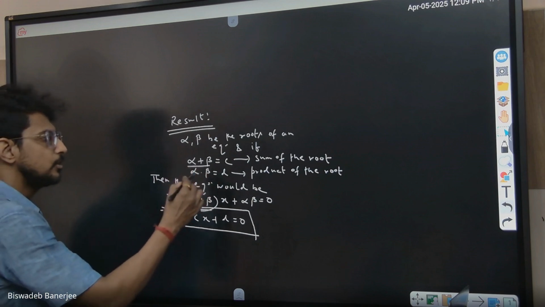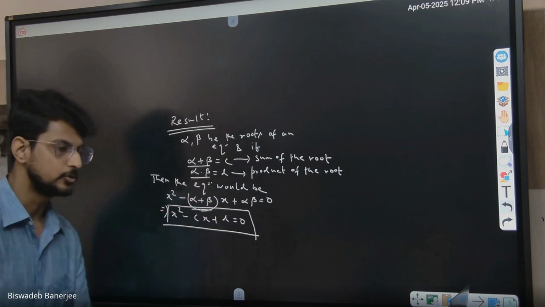If we are given the sum of the roots and the product of the roots, then this is my equation.